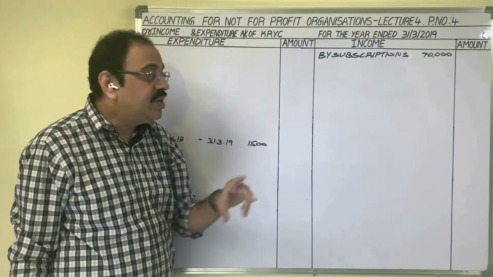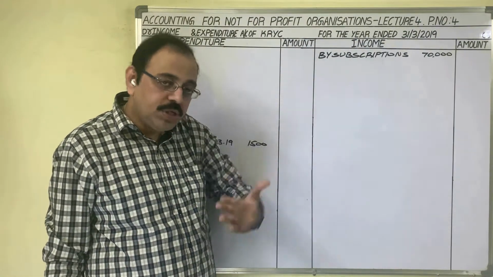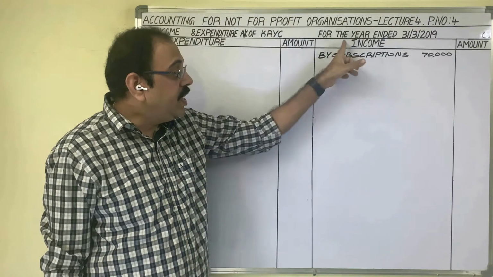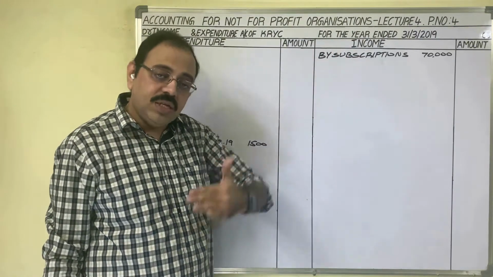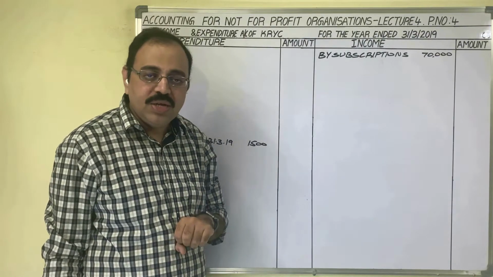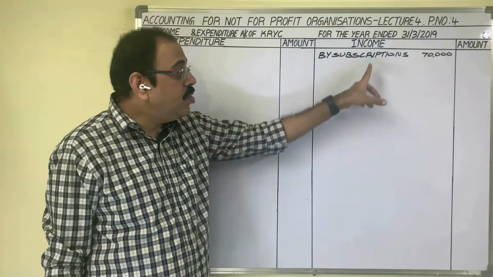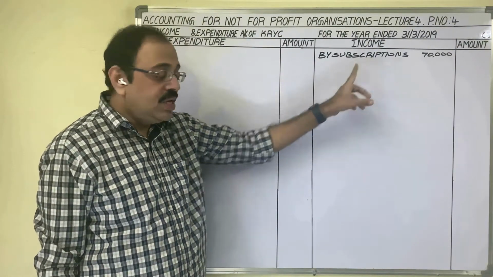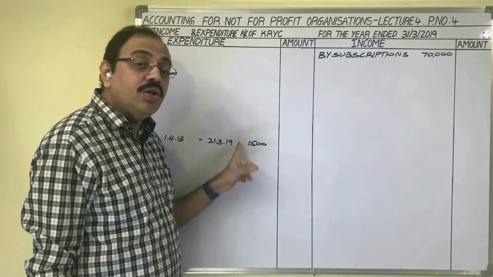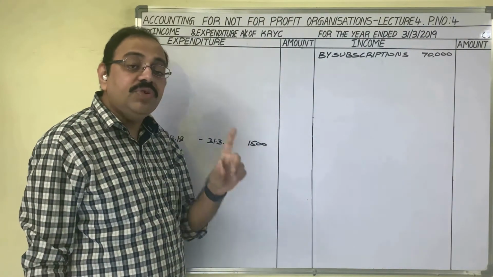That is the difference between income and receipt. Receipt means actually how much money came to us, but income means money received and money to be received, both we should consider. So as incomes we are showing on the credit side, not only received subscriptions, subscription to be received also we should consider. Therefore, this 1500 rupees we should add.